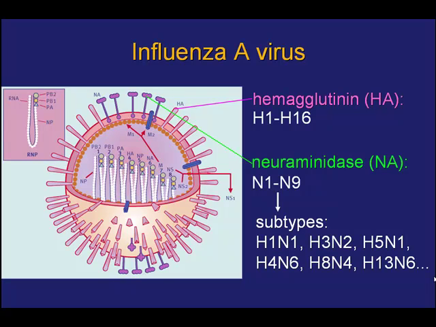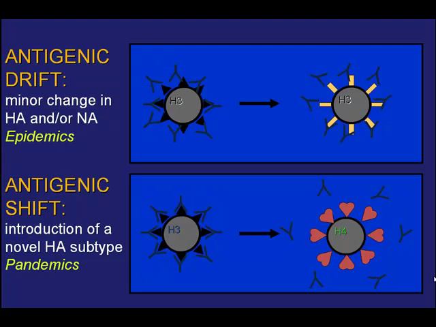I also want to remind you that influenza is an RNA virus with a segmented RNA genome. The virus uses two tricks to try to escape from the existing antibody response in a population. Antigenic drift is a relatively small change in the hemagglutinin or neuraminidase, the result of an accumulation of mutations, and it can lead to local virus outbreaks or epidemics.